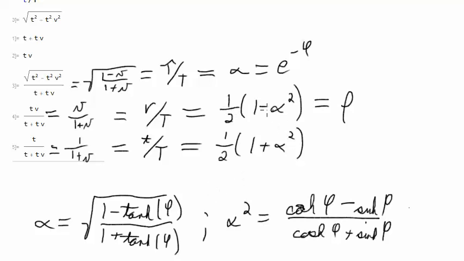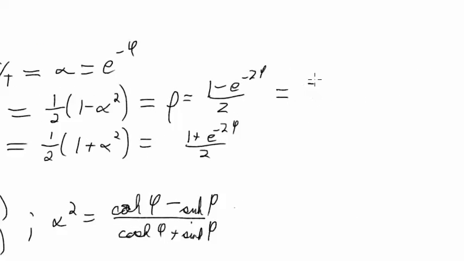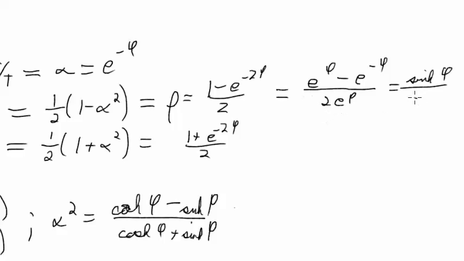And rho is 1 minus e to the negative 2 phi divided by 2, and this thing, t over capital T, is 1 plus e to the negative 2 phi over 2. But we can do more than that. e to the phi minus e to the negative phi over 2 e to the phi would be sinh phi over e to the phi.